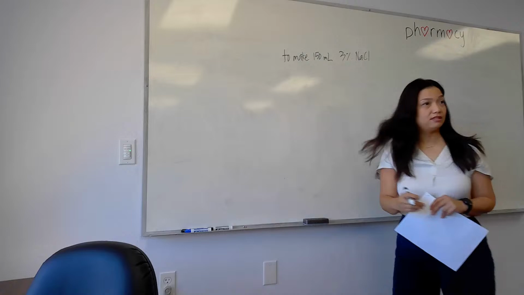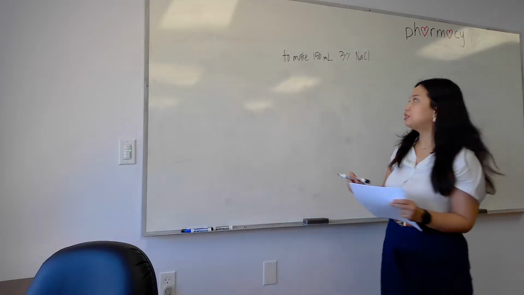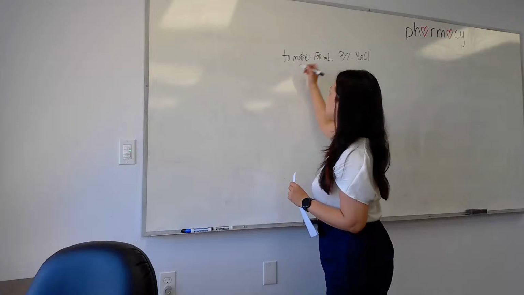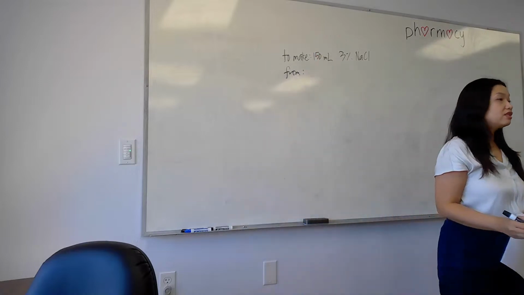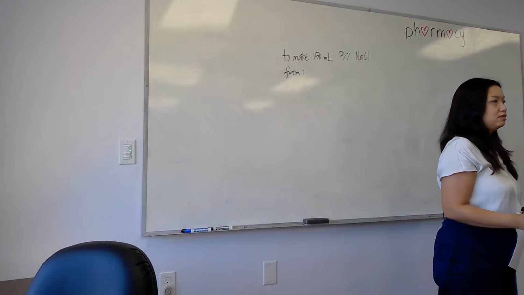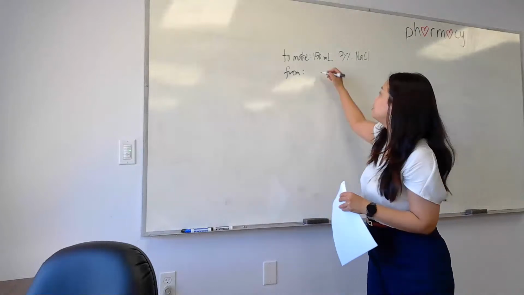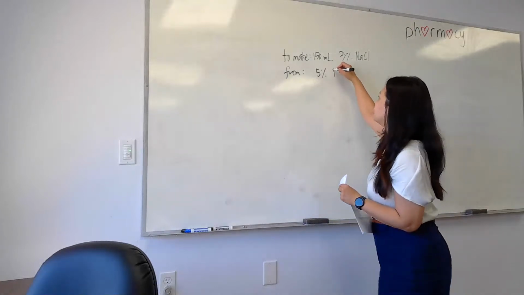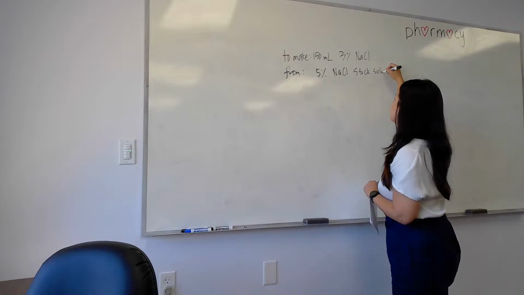We've done this in the previous packet. Using, so if this is your to make, this is your from for the word using. These are important words, because you know where it's coming from. Okay, using a 5% NaCl stock solution.